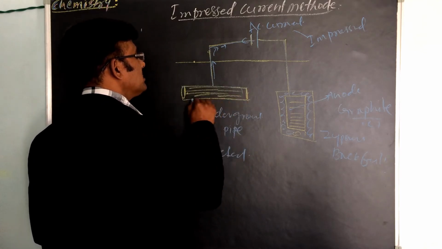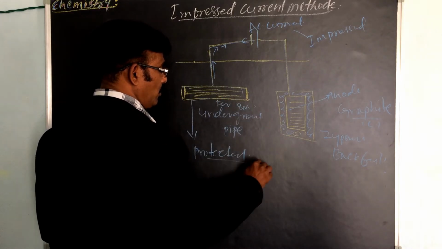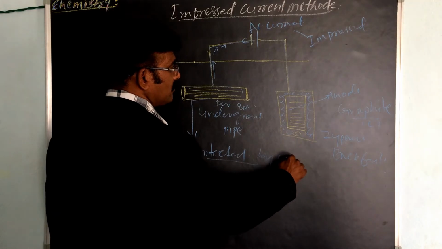This pipeline is an iron or base metal, so it is protected by the currents.